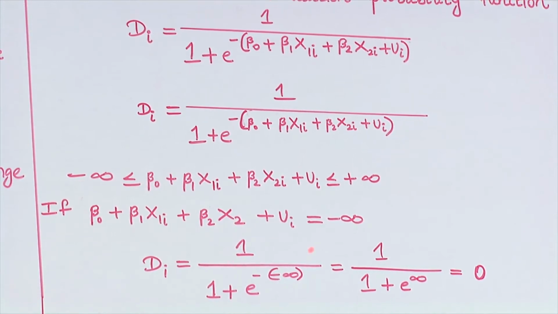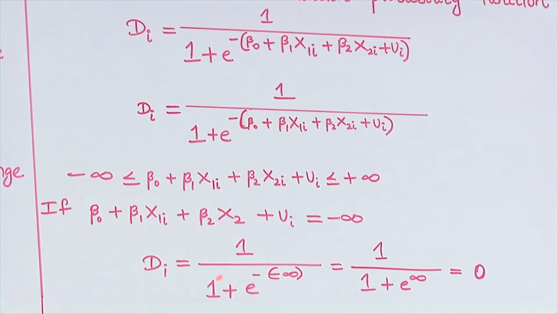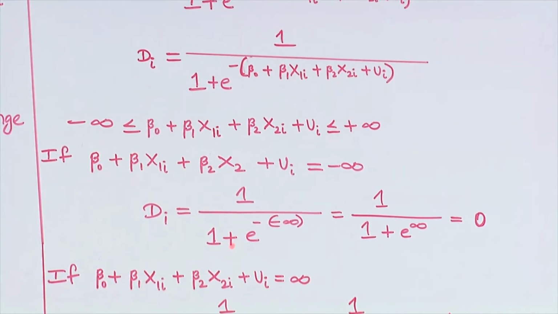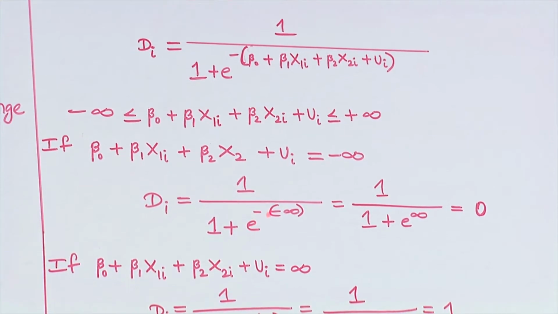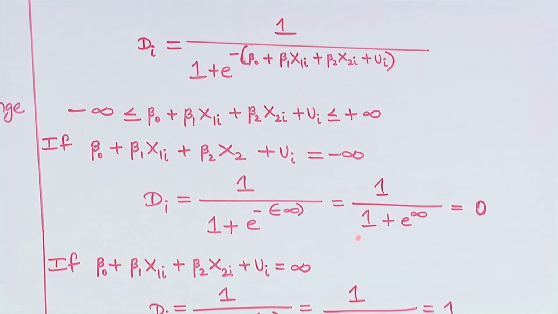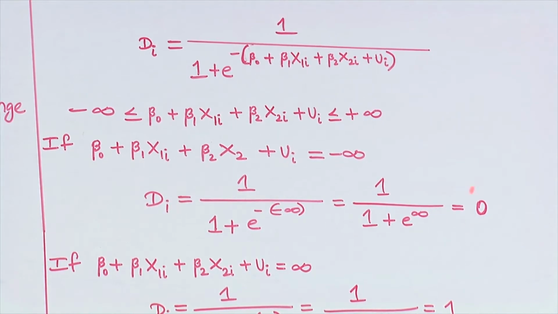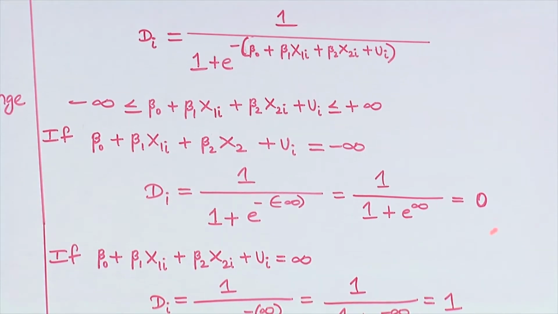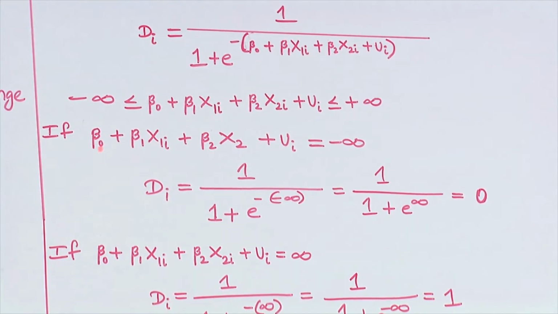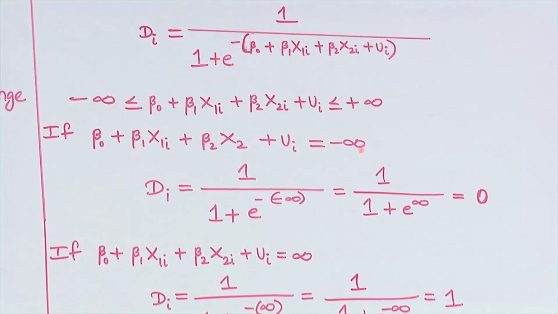So, if you put minus infinity for this, di is equal to 1 by 1 plus e power minus of minus infinity, that is equal to 1 by 1 plus e power infinity, that is 1 by infinity, which is equal to 0. So, if the linear function is minus infinity, di is equal to 0.